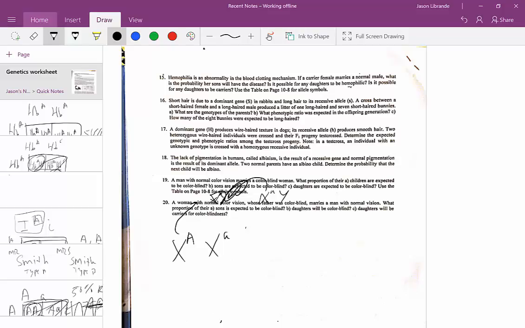And then she marries a man with normal vision. So the man, since he only has one X allele, he must be X uppercase A, Y. Let's do the cross.